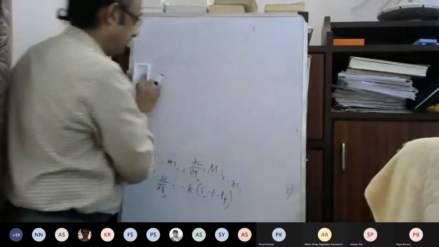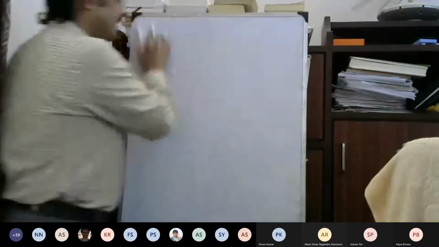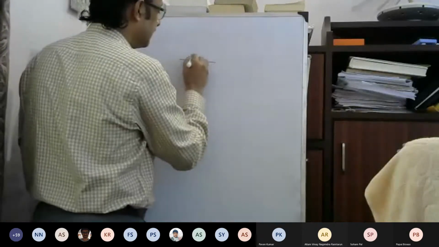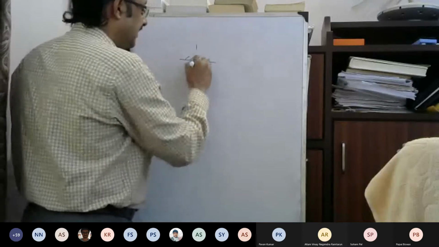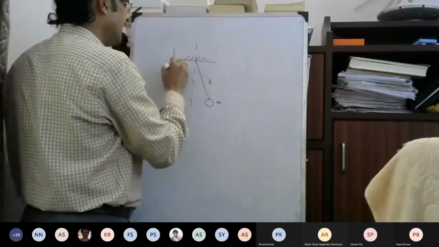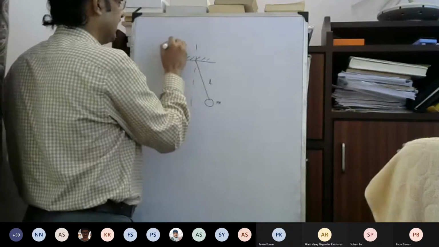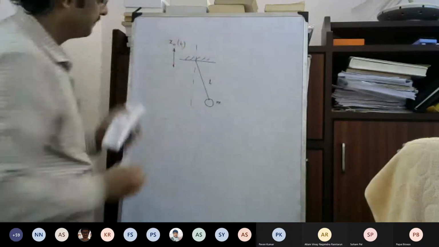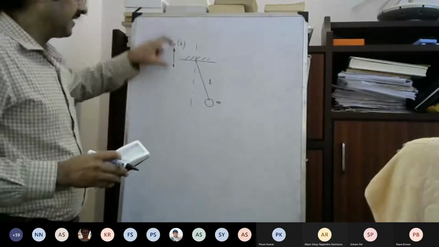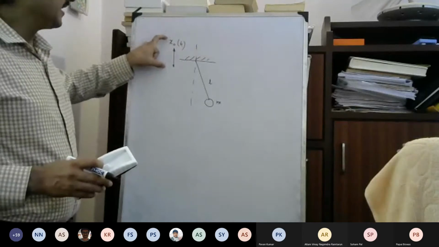So here this was one case. This was the base motion. Let me now take another motion. Let us say a pendulum, again a pendulum of length L. And this time the base is displaced, given a displacement x naught of t.